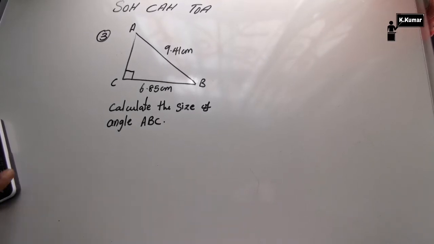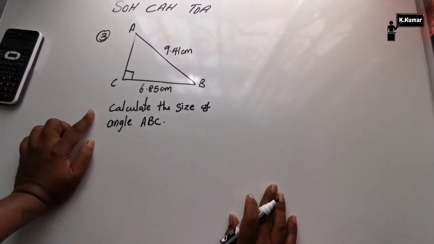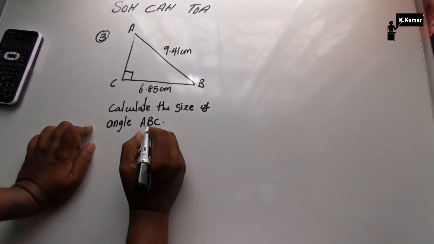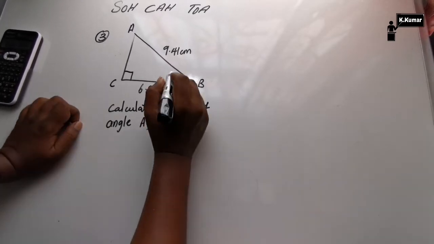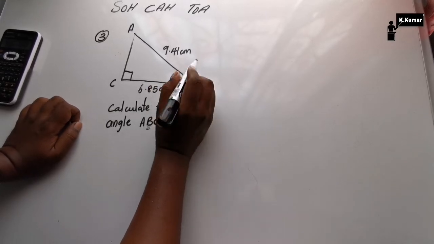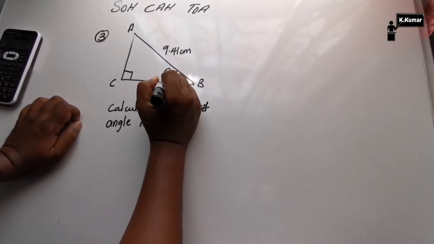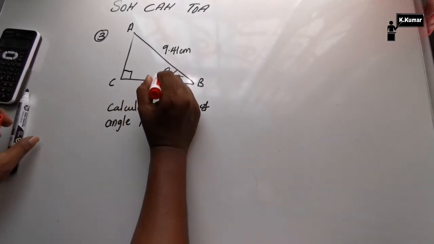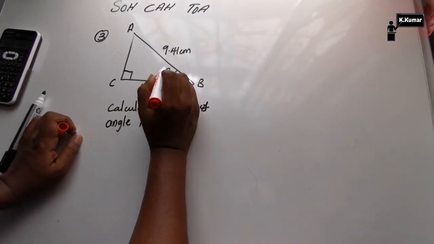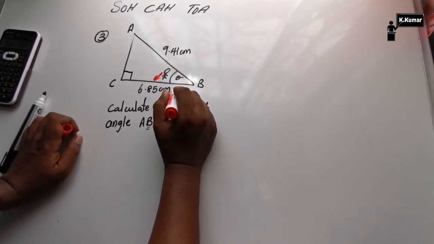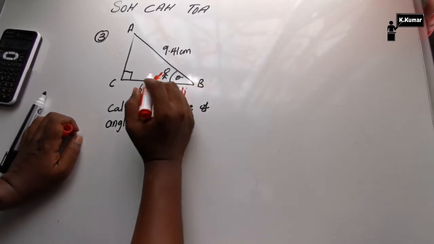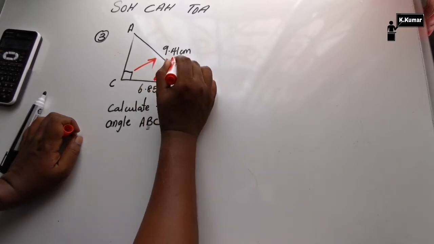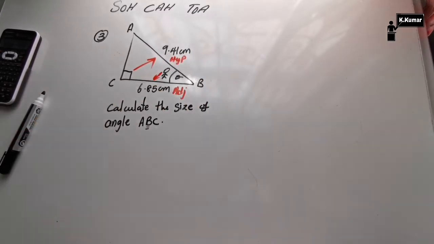Alright, our third example. So we have to calculate the size of angle ABC. Now remember, we have to find the angle at the middle, so that means we're trying to find this angle. So if I'm going to stand here, then this side that is given, the side that is below me or next to me, is called the adjacent side, and the other side that is given is opposite the right angle, so this becomes the hypotenuse.